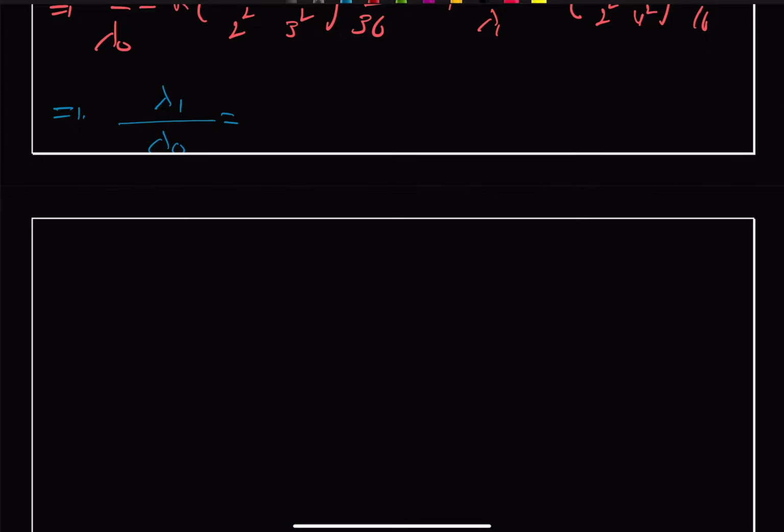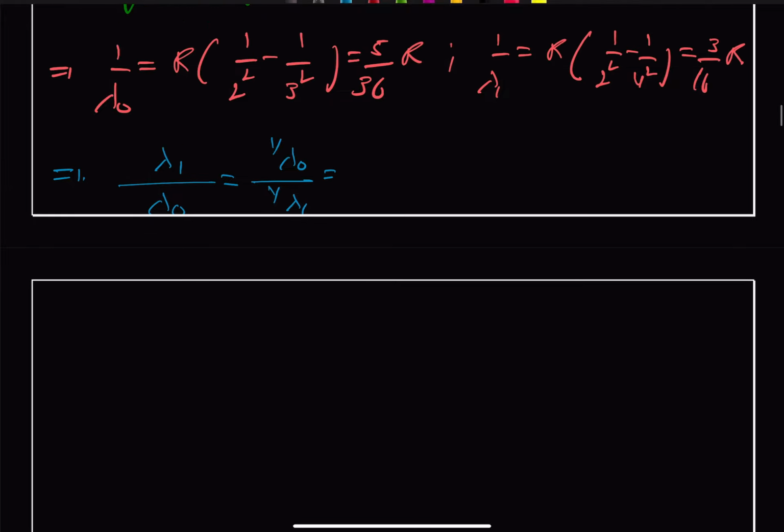This relationship can be written as 1 upon lambda naught and 1 upon lambda 1. I simply substitute the values directly. 1 upon lambda naught is 5r upon 36, and 1 upon lambda 1 is 3r upon 16.